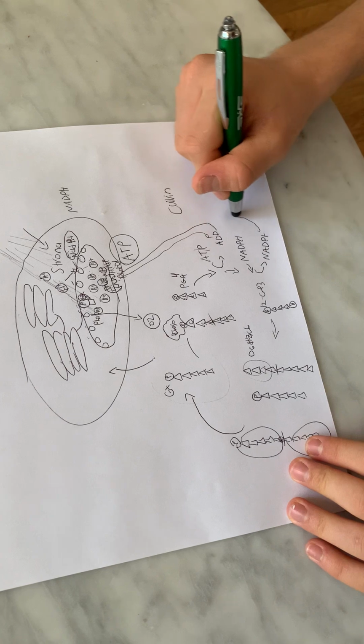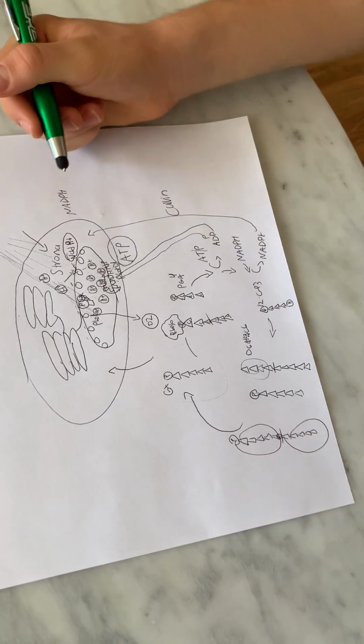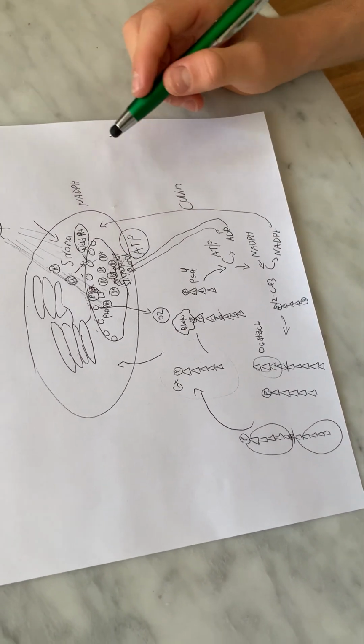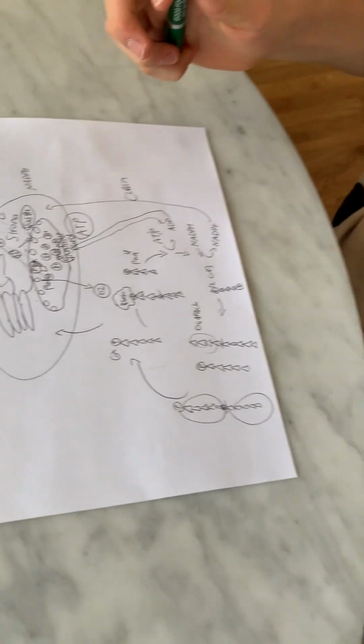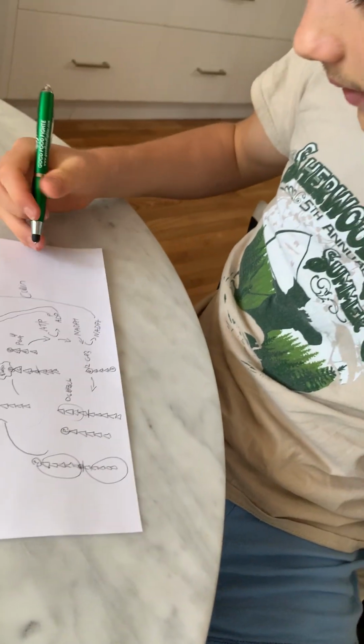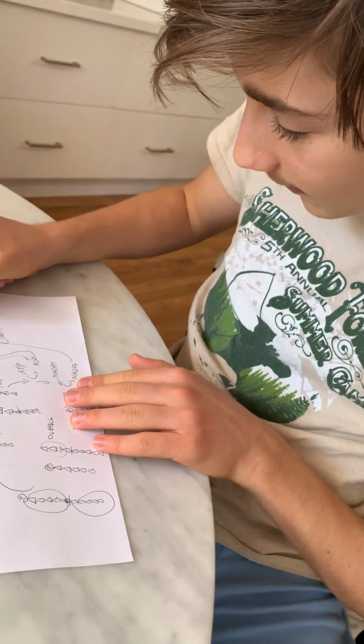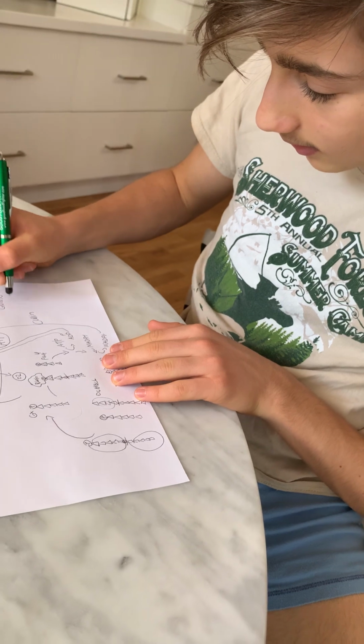And the NADP plus goes back into the stroma where it can combine with hydrogen ions to create NADPH. So that is photosynthesis. And then the waste products of it are glucose and oxygen.